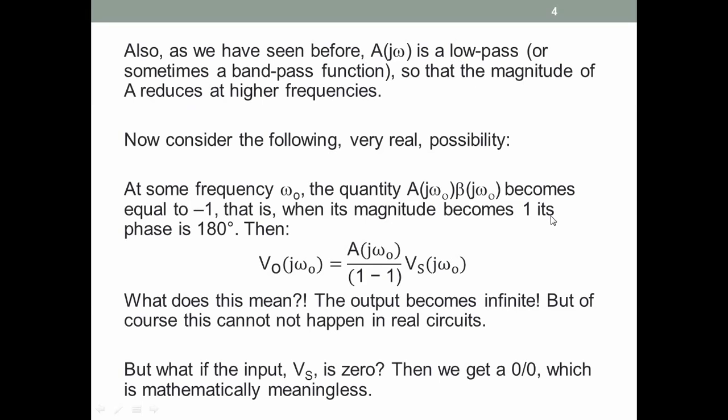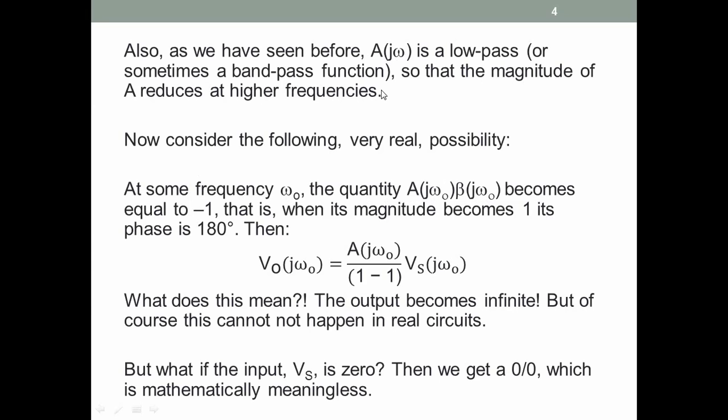Now let us consider a very real possibility, that at some large frequency omega 0, the quantity A(jω0)β(jω0) becomes equal to minus 1.